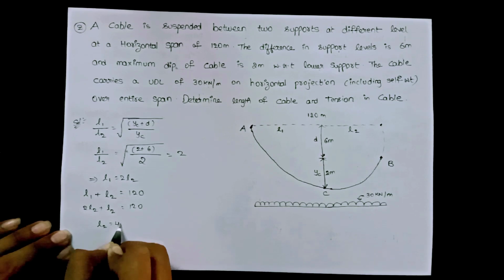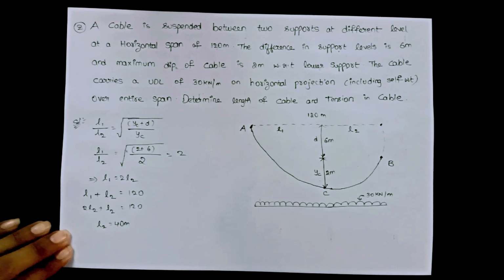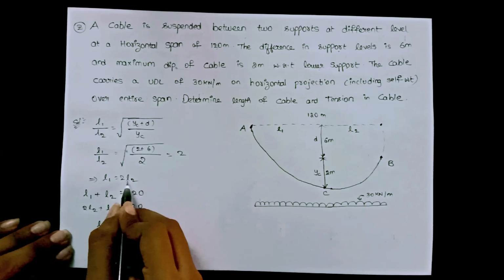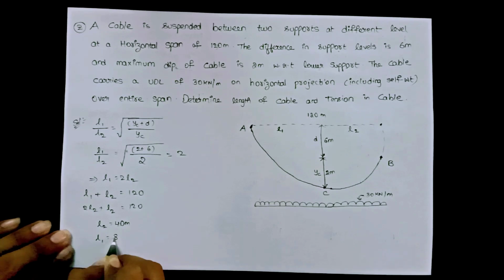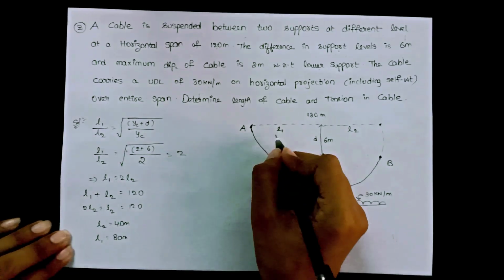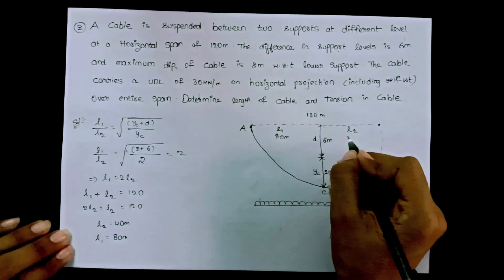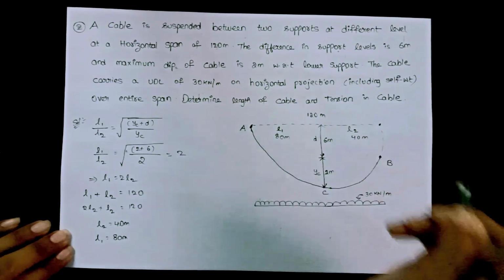Therefore L2 equals 40 meters. Placing 40 in the place of L2, L1 equals 2 into 40, which is 80 meters. So we have obtained L1 equal to 80 meters and L2 equal to 40 meters.